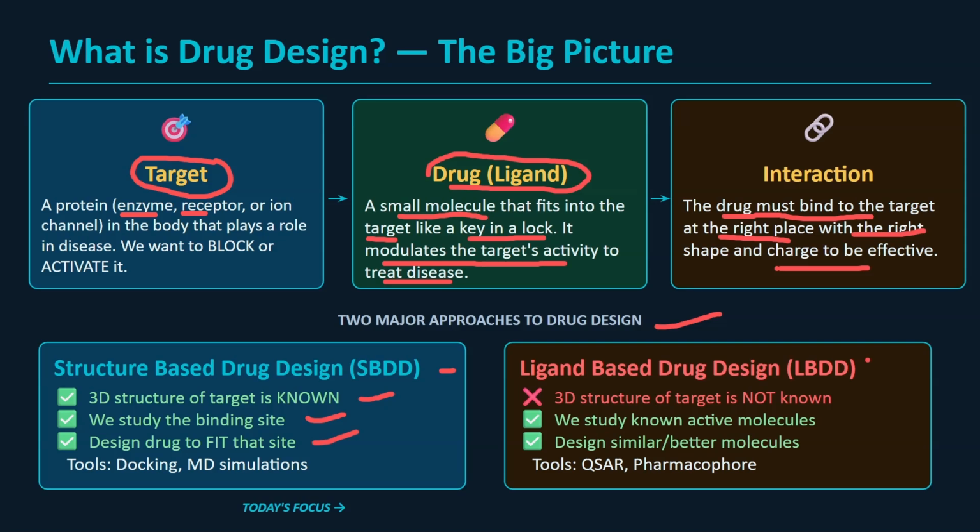Next is the ligand based drug design. The difference between the structure based and ligand based is the 3D structure, because in the ligand based approach the 3D structure is not available. Here the 3D structure is not known. We study already known active molecules and design the similar ones. So today we will focus entirely on the structure based drug design.